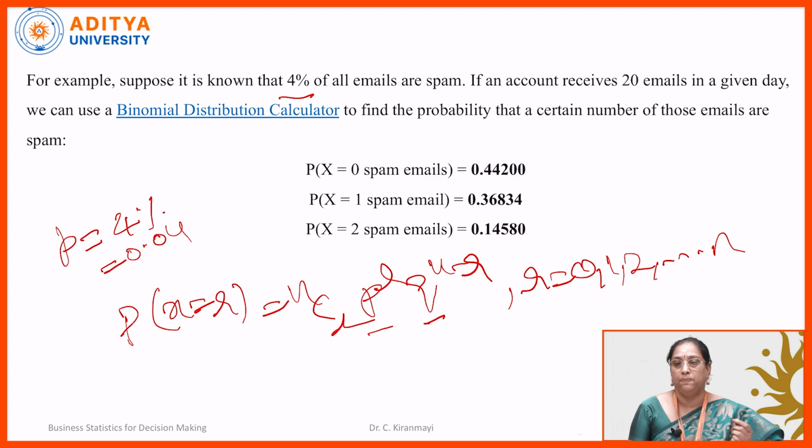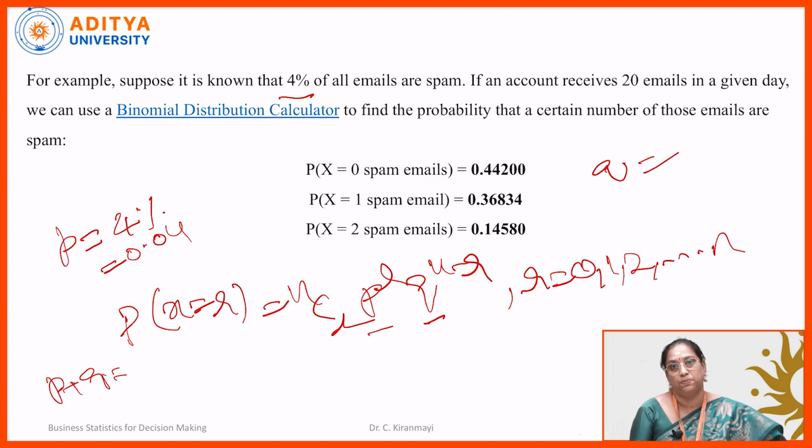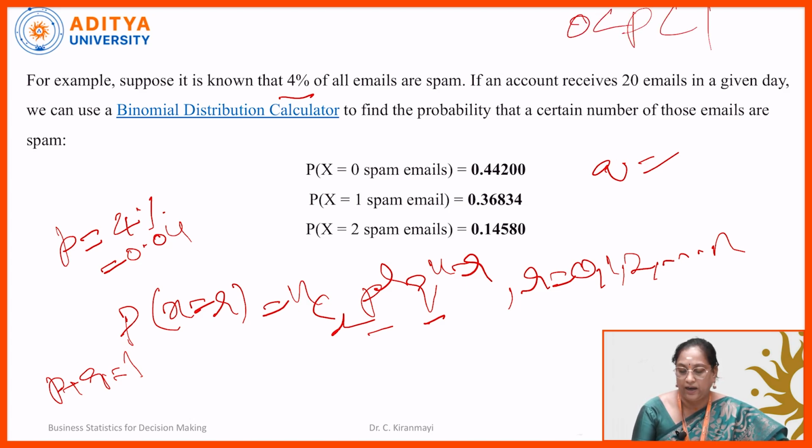In this example, p is that a mail is a spam mail, and q is that a mail is a non-spam mail. Remember the total probability, since the possible outcomes of the experiment are only two mutually exclusive events, should be 1. One condition for probability is that it lies between 0 and 1.